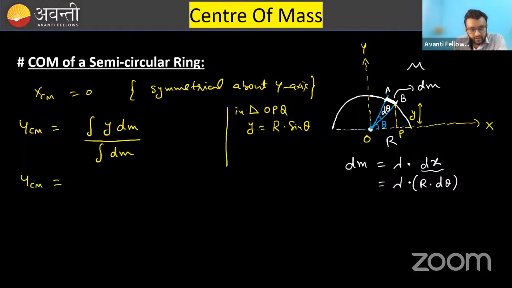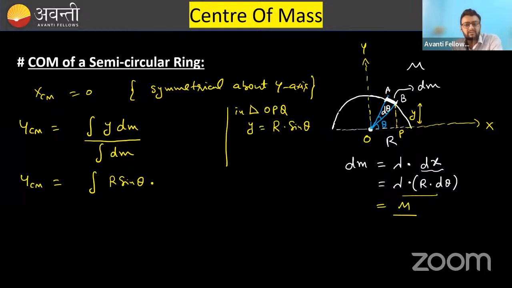Y coordinate of center of mass will be integration y dm. Y is r sine theta. dm is what? You can also put the value of lambda here. Lambda is mass per unit length. What is the length of the circumference?